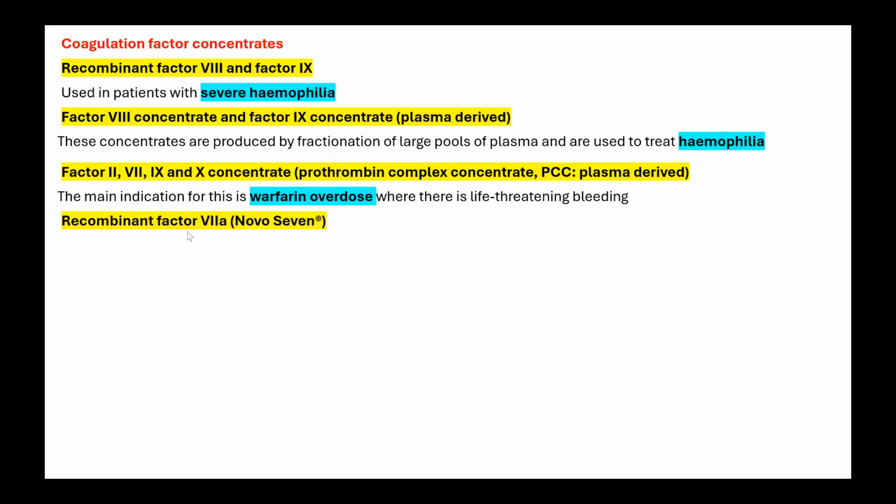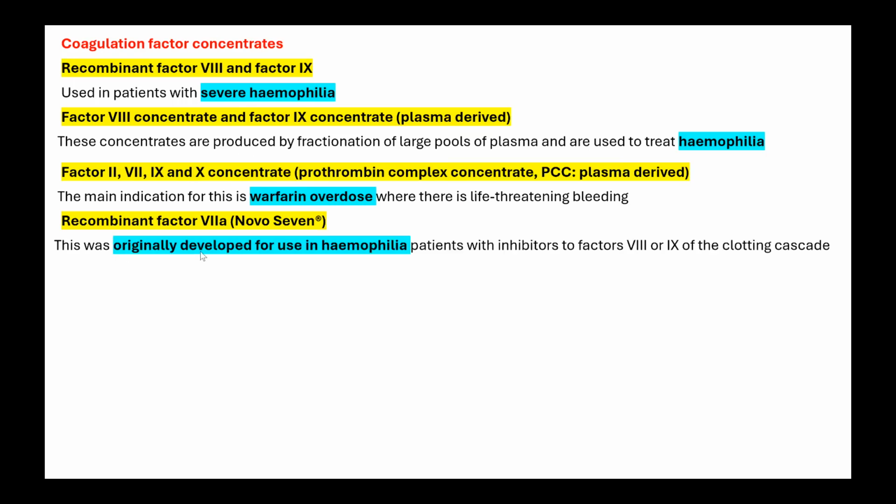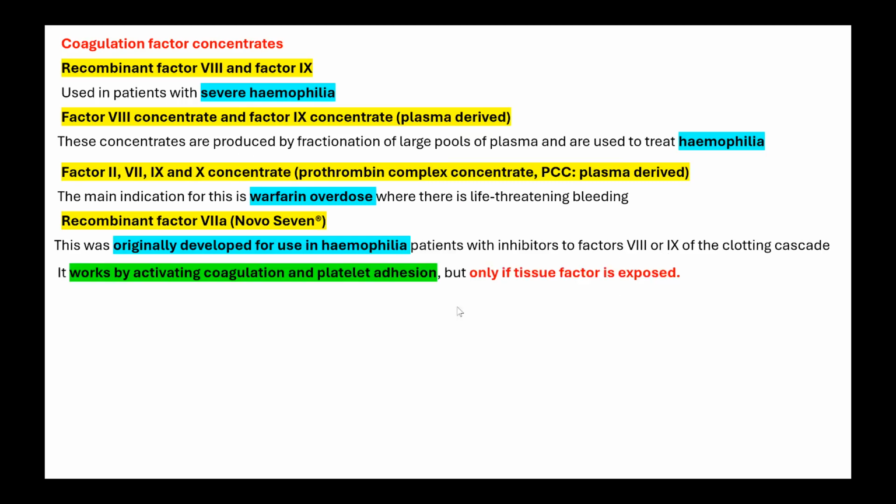And recombinant factor 7A, which was introduced about 2 decades ago with a big fanfare, saying that it is the ultimate treatment for any bleeding patient, has now lost its importance because of the prohibitive cost. Originally developed for use in hemophilia patients with inhibitors of factor 8 and 9, it works on the clotting cascade by activating coagulation and platelet adhesion only if tissue factor is exposed.